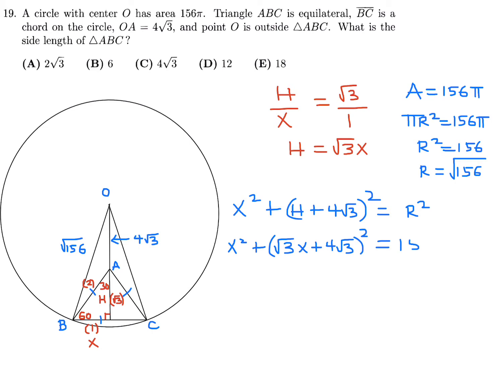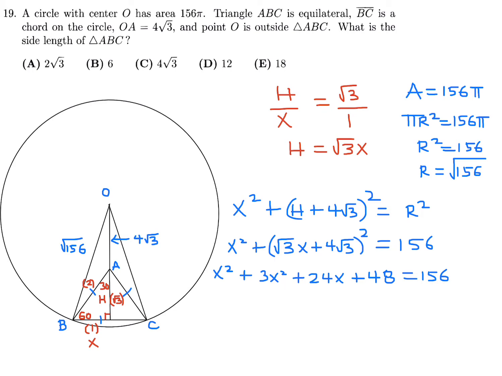And r squared is 156. So there we go. We got just one variable, and this will allow me to solve. Expanding, I get x squared plus, let's see here, 3x squared plus 24x plus 48 is equal to 156.